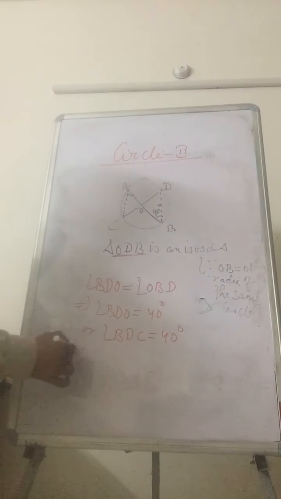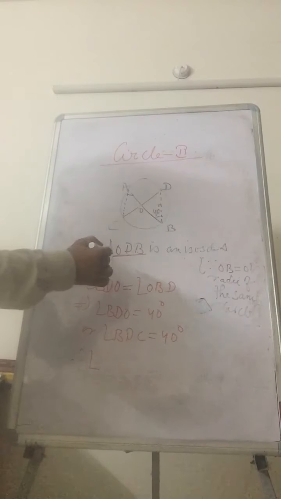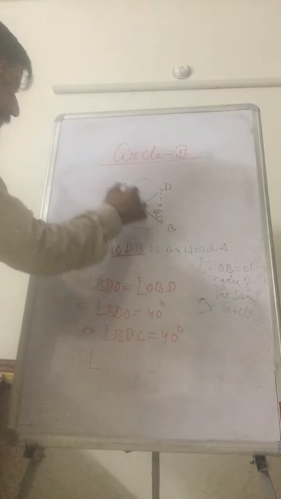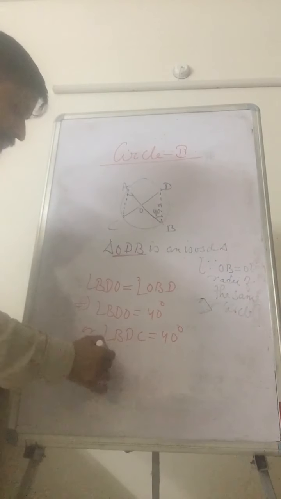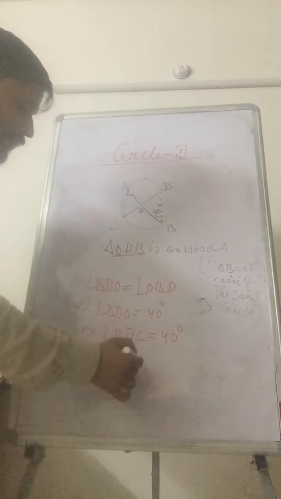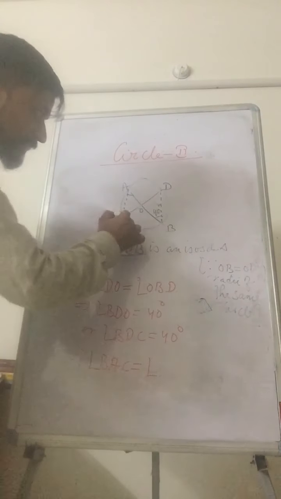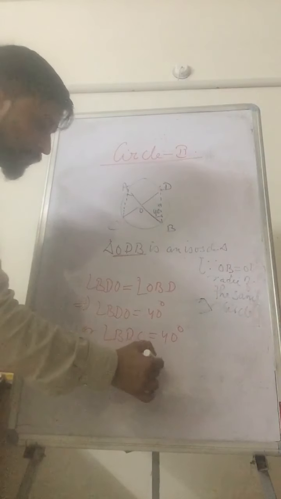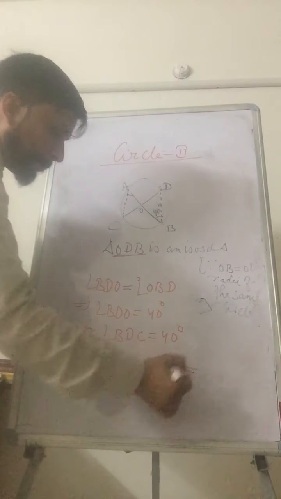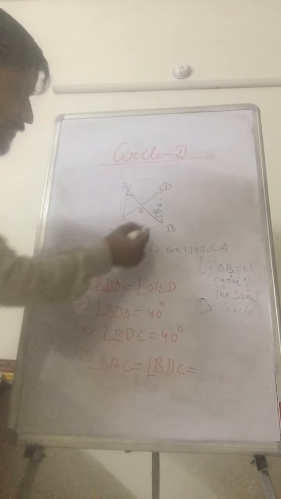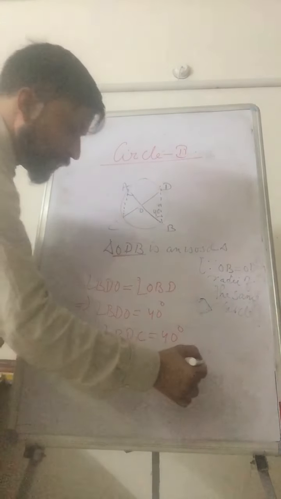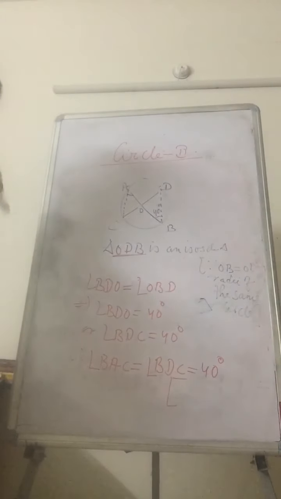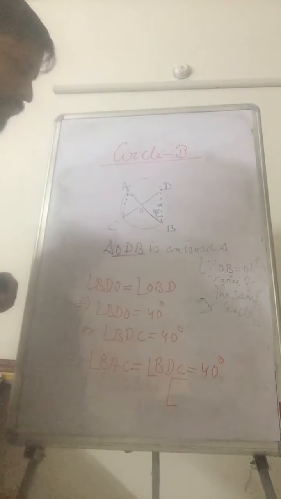Therefore, what are you asked to calculate? You are asked to calculate angle BAC. So angle BAC will be equal to angle BDC, and the BDC value we just calculated is 40 degrees. So 40 degrees, but you have to write the reason also, because if you don't write the reason, you will lose your marks.